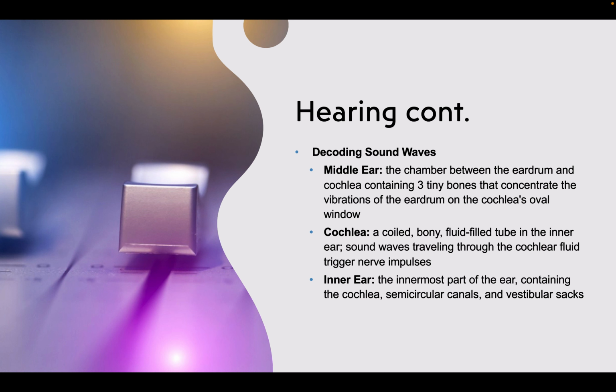That is then sent to the brain. Again, very simplified. I want you to really just know what the middle ear is, what it contains, what the cochlea is, and what the inner ear is.